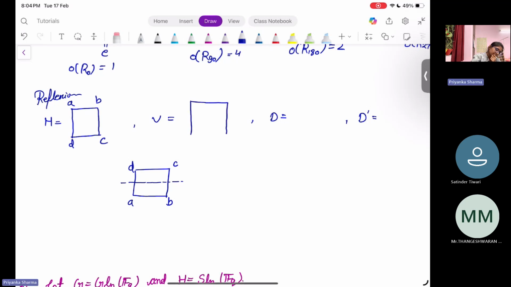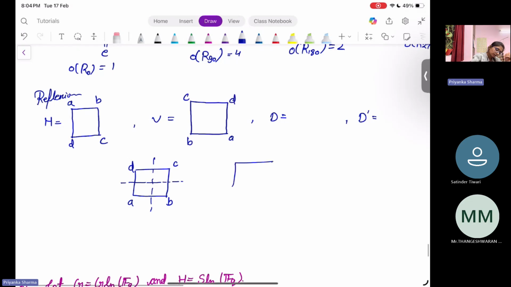What if we use vertical reflection like this? Then C and B will come on the left side and A and D will come on the right side. So this will be C, B, A, and D.